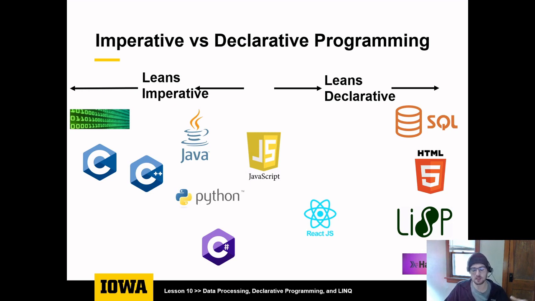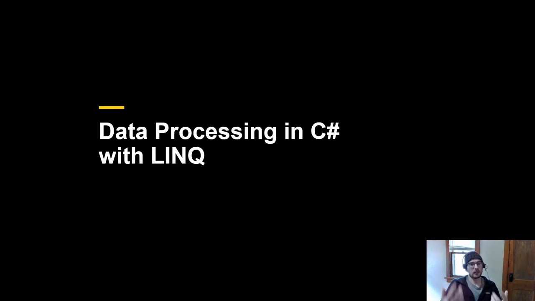So because of all the support of the libraries and the framework, it makes this language feel more declarative when you're using it. So again, it just illustrates that you can put effort in to make your code feel more declarative if that's important for what you're doing. Okay. So with that, we'll get into some specific examples of doing this with C#.